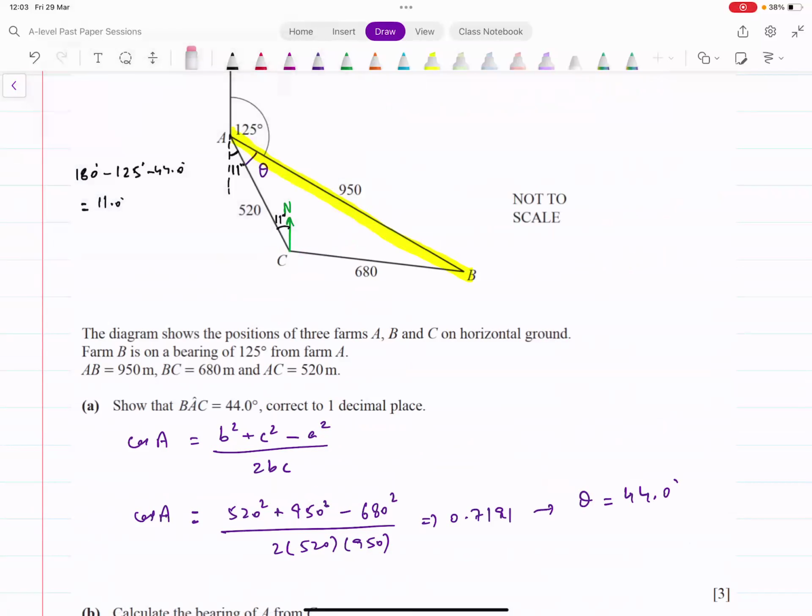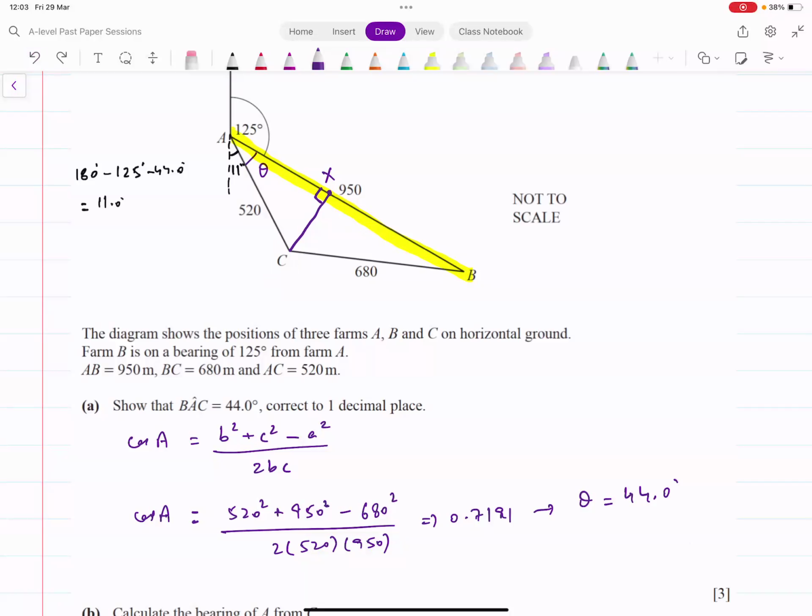The point closest to farm C is going to be this point that makes a perpendicular with C. Let's call this point X. This point X is going to be closest to farm C on this track because the shortest distance from a point to a line is always the perpendicular distance.